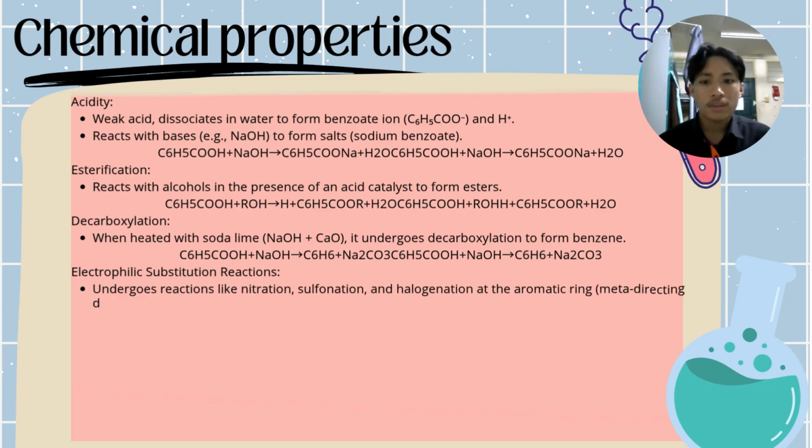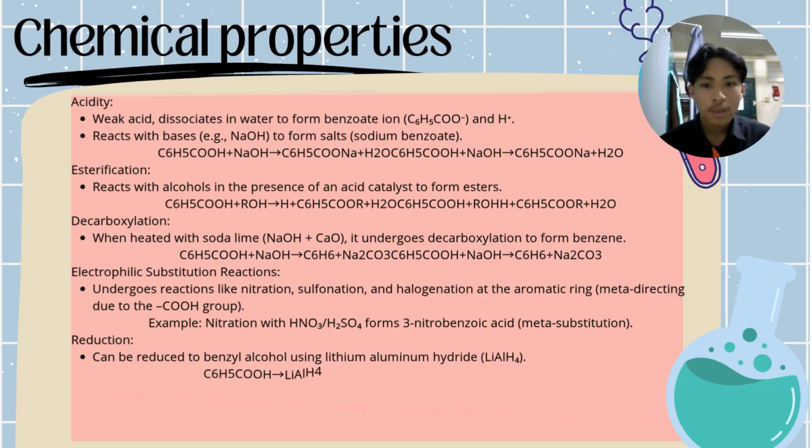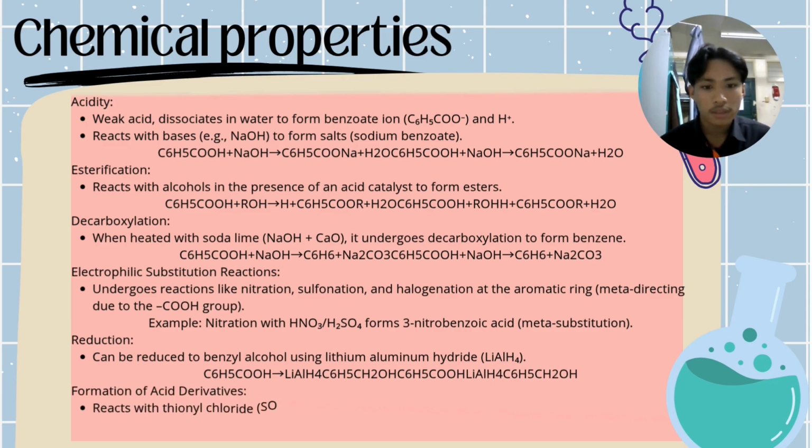In electrophilic substitution reactions, it will undergo reactions like nitration, sulfonation, and halogenation at the aromatic ring. For example, nitration with HNO3 and H2SO4 forms 3-nitrobenzoic acid, which is meta-substitution.